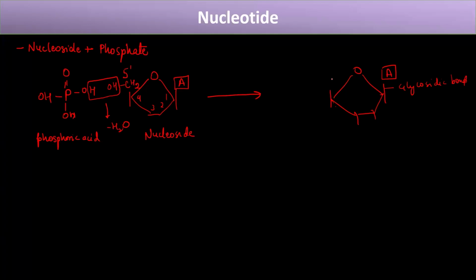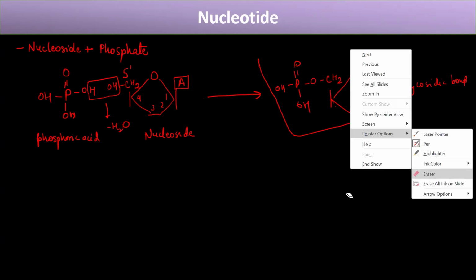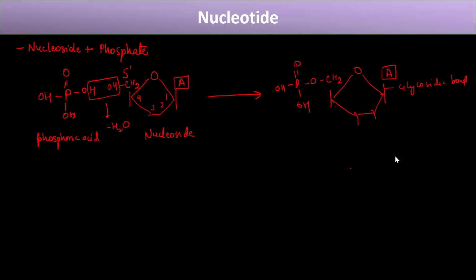And here we have CH2, O, P, O, OH, and OH. So this structure that has formed is your nucleotide.